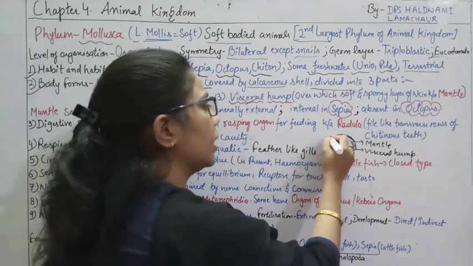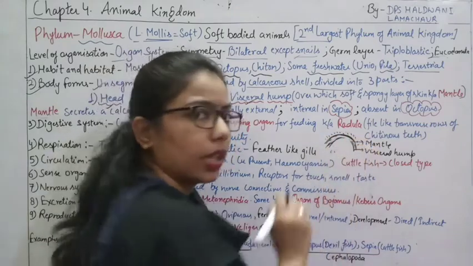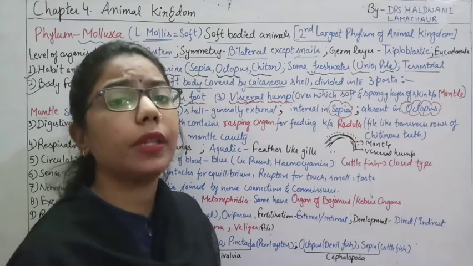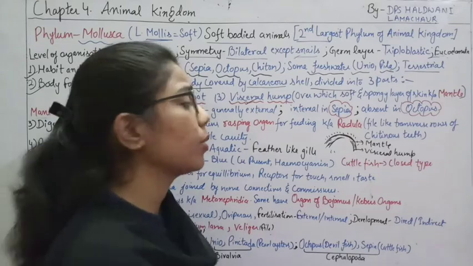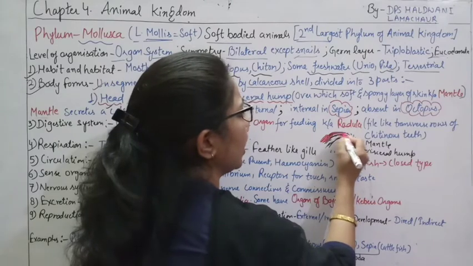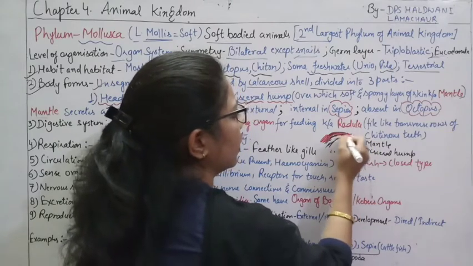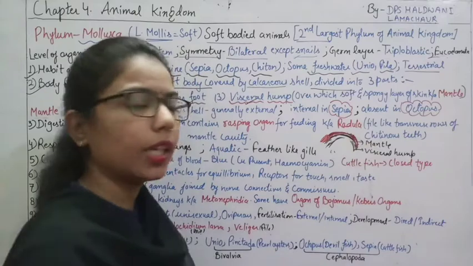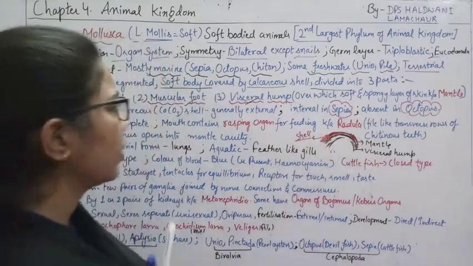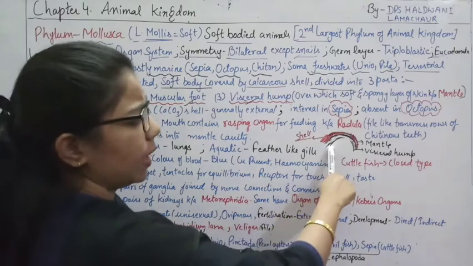It means that it will secrete some calcium carbonate, and due to this there will be formation of a shell like structure above the mantle. So this shell cover is formed. Right, so we are saying that first of all, the visceral hump.